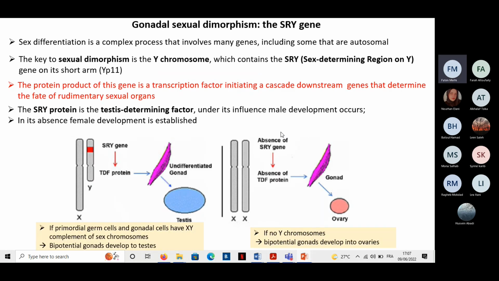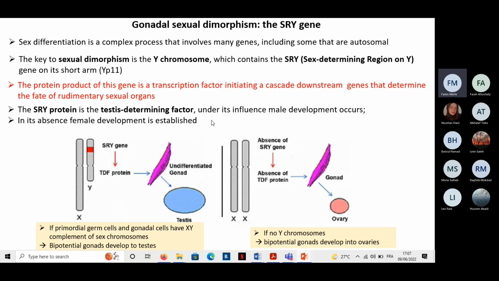In fact, as you know, some genes and their products are responsible for this differentiation into either testes or ovaries. However, we have one key gene which is responsible for this differentiation, and this gene is called the SRY gene.